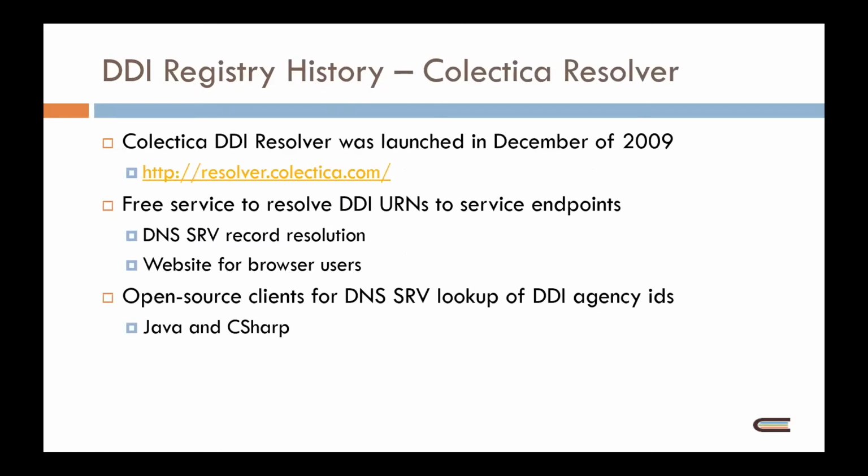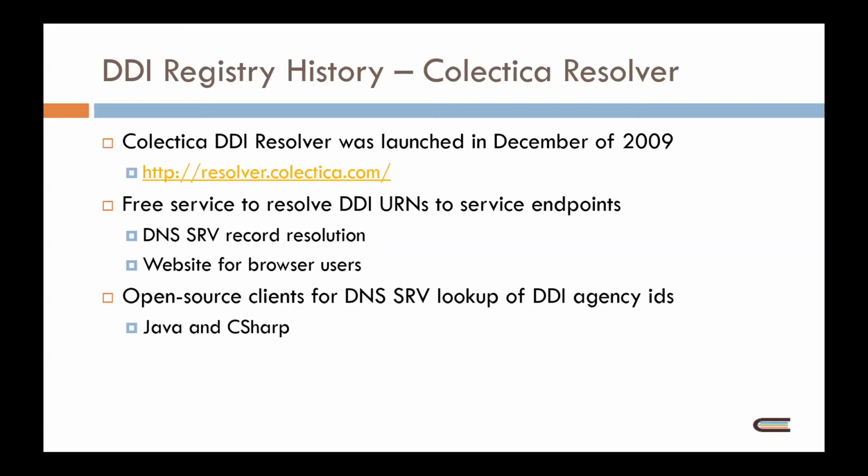So a little bit of history about the DDI Registry. First, there was the Collectica DDI Resolver, which we launched back in 2009. It was a free service to resolve DDI URNs to service endpoints, and it included DNS service record resolution, which uses the DNS system to look up services for specific agency IDs.